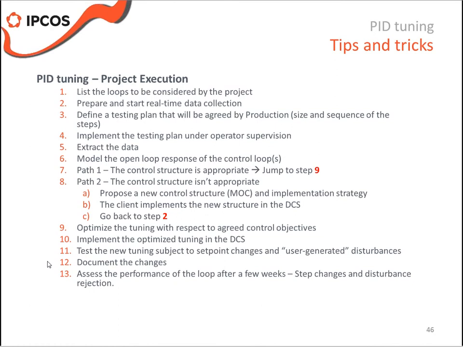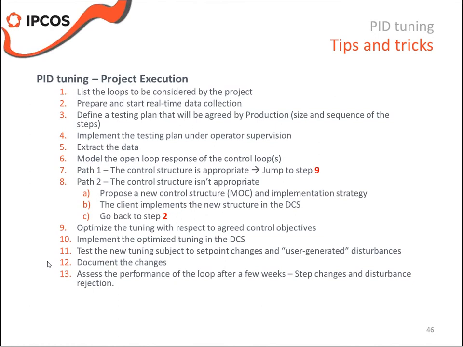Extract the data and model the plant, and try and see if the control structures are appropriate to what you are designing. So sometimes you might want to reconsider changing a control structure like a temperature to reboiler, change it from tray 7 to tray 9 if you think that is a more sensitive tray, for example.